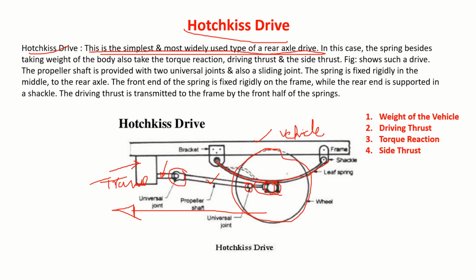Okay, this part, axle casing, on this is bolted. Alright, then you can see this leaf spring, one end is connected to a bracket which is fixed to the frame of the vehicle. Other side we have connected to the shackle.